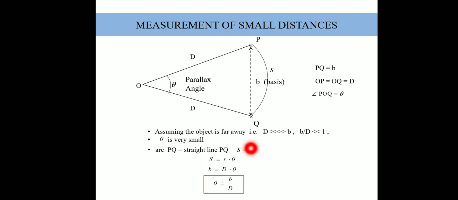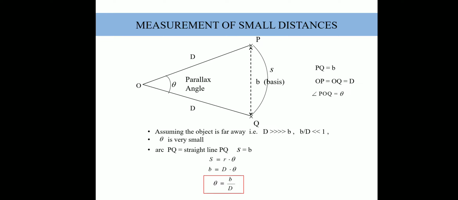There are many ways to look at this expression. If we know b and theta, we can calculate capital D. If we know D and theta, we can calculate small b. So it is very easy now to find the size or diameter of an object which is far, far away from us.